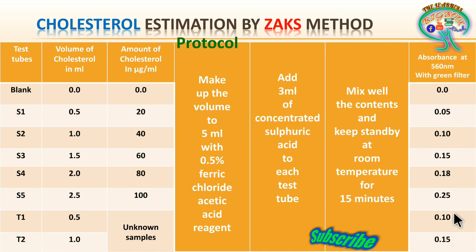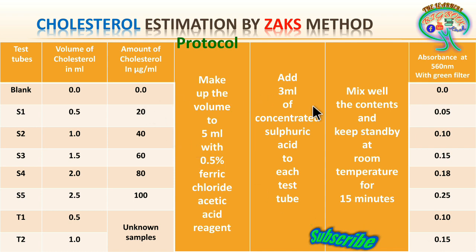As we got the same absorbance values, we have removed the D1 and D2 samples to make the table clear. So we have taken these samples T1 and T2, which are the same as in D1 and D2 also. So we got 0.10 as one absorbance value and 0.15 as the other.